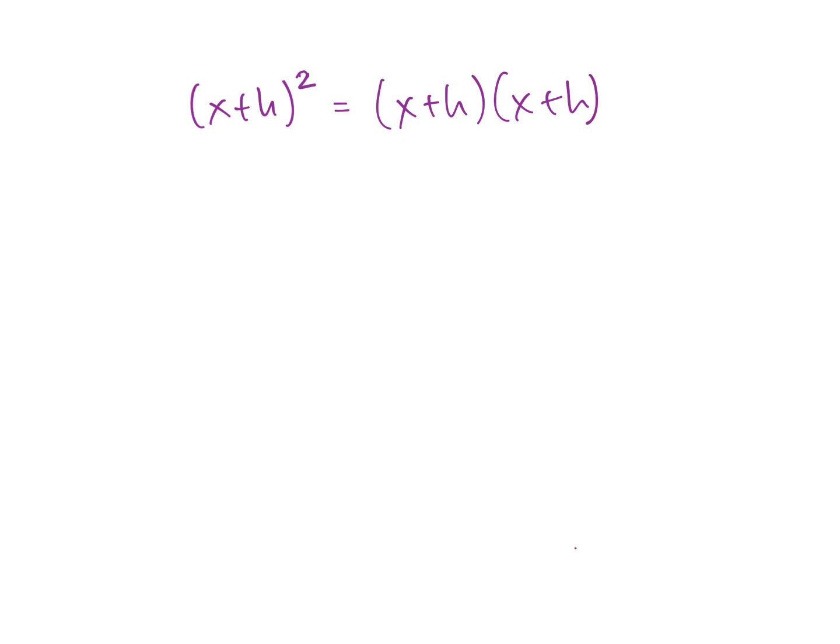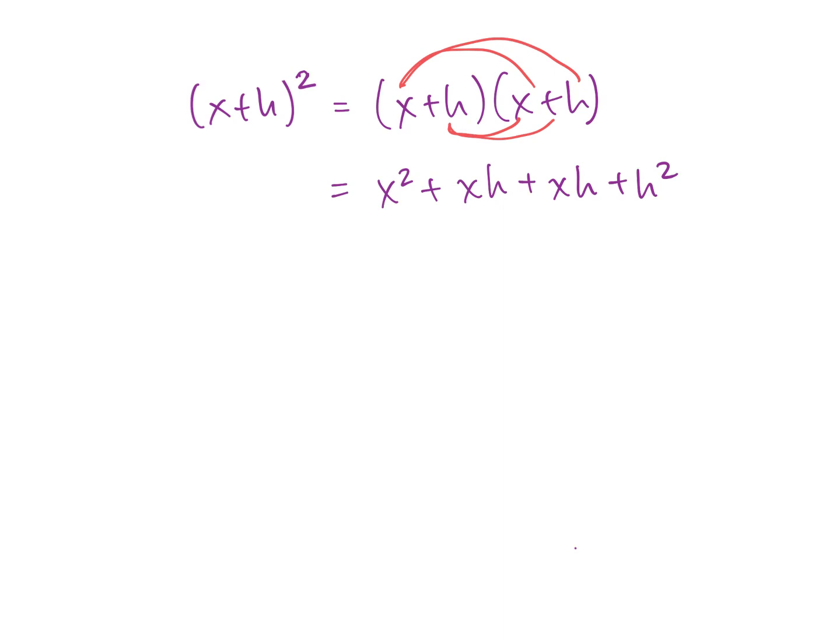So now I can do FOIL. First is x squared. Outer, x times h, is plus an xh. And then when I do h times x, I'm going to get the same thing. I could write it as hx, but I'm going to keep it in the same order that I had over here. I'm going to call that xh. And then finally, h times h is plus an h squared.